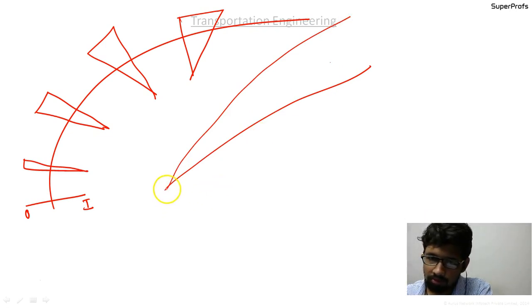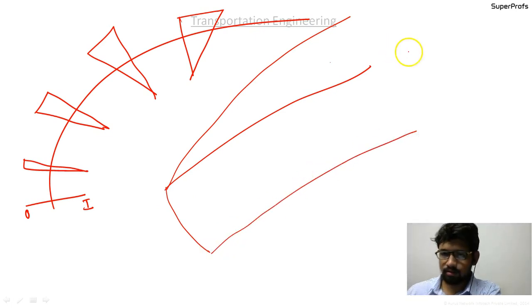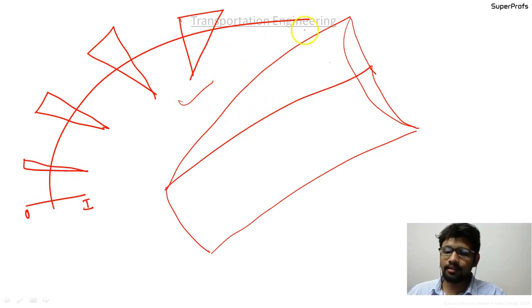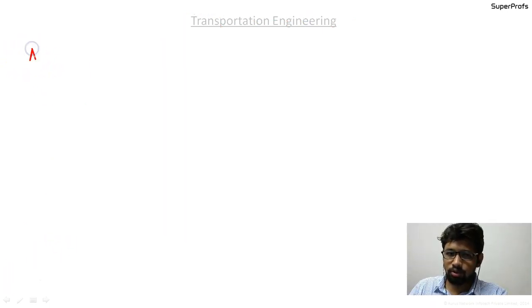I doubt whether I am able to draw it or not. But what I want to show is that there is a change in the super elevation with the length of the road, and with the length, the super elevation is also in the transition phase.